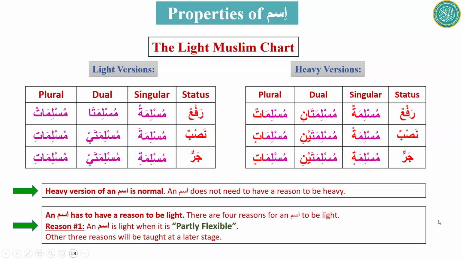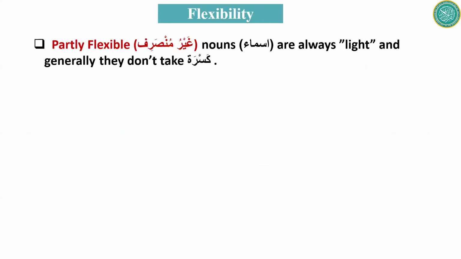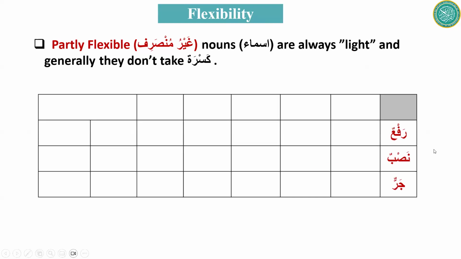Sometimes they will in special circumstances, but generally they don't take kasra. So partly flexible nouns are always light, and generally they don't take kasra. Under partly flexible words, there are some categories, and that's what we're going to go over.